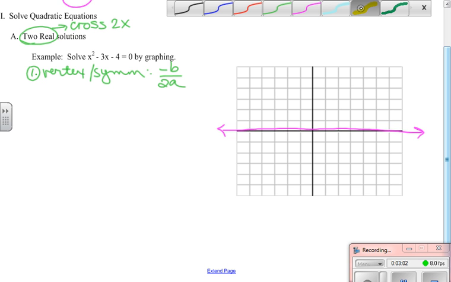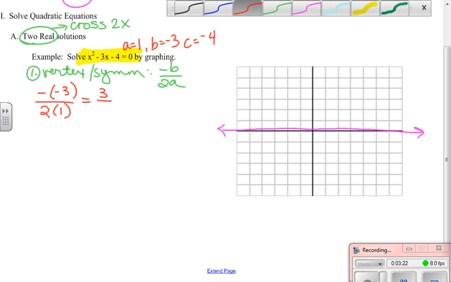So here's my function. And when I look at my values, a is 1, b is -3, and c is -4. So my vertex point is the opposite of b all over 2 times a. So I have positive 3 over 2.